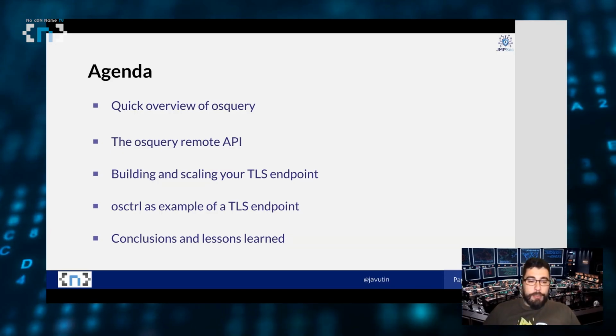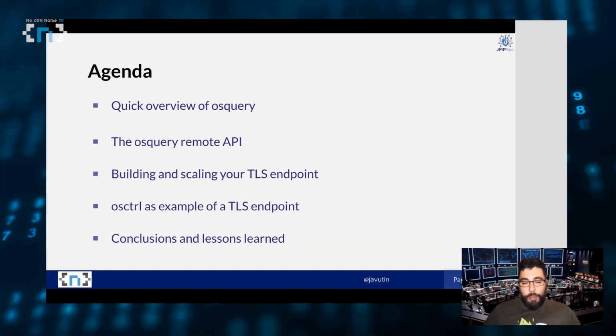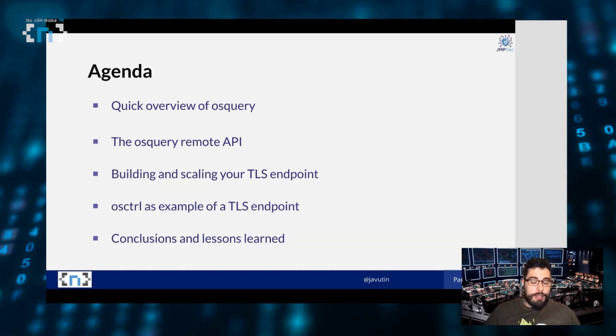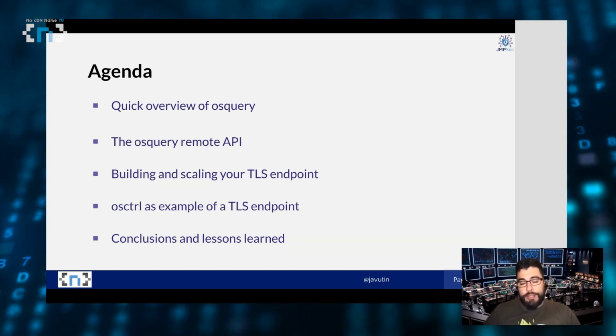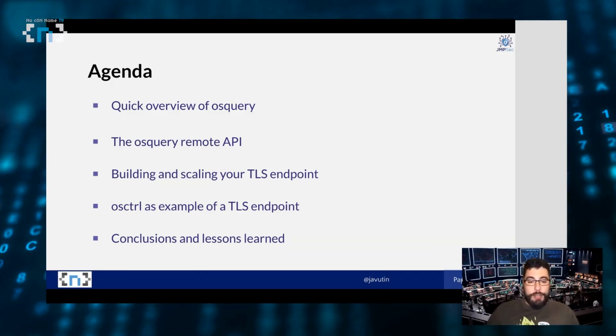Then I'm going to talk a little bit about oscontrol, the TLS endpoint that I wrote and that has been deployed in several companies. And to end the session, I will go through conclusions and some lessons learned.